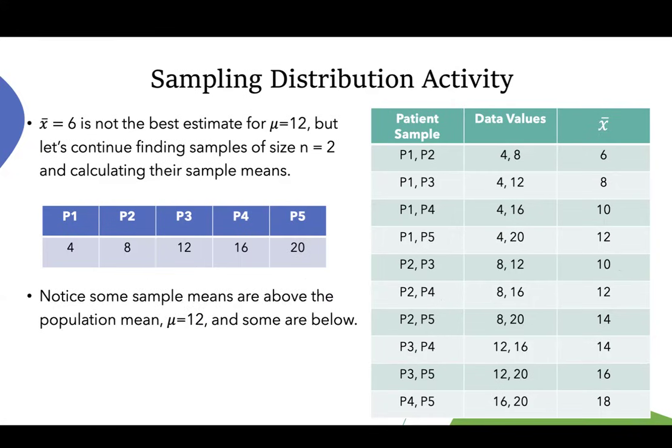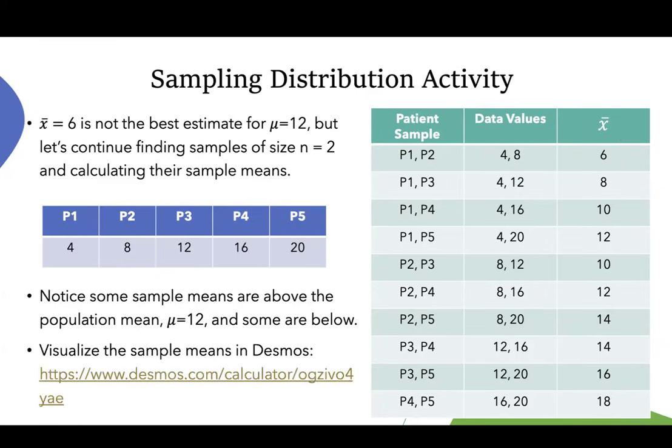So some of them are further away than others, but they are all sample means, and this collection of sample means has a name. I'm going to first visualize this in DESMOS. I'm going to take these 10 sample means and put them in DESMOS, and then we're going to give it a name.